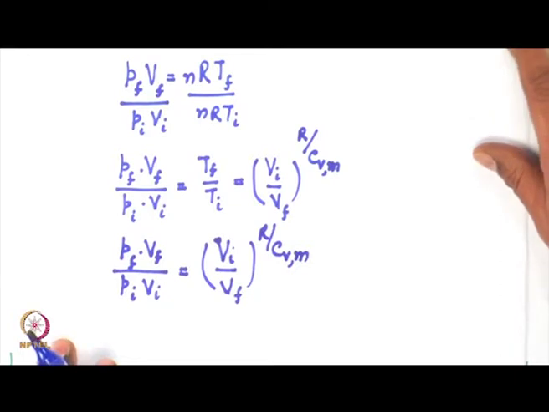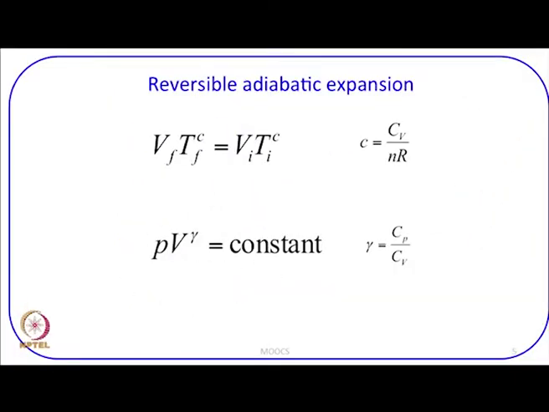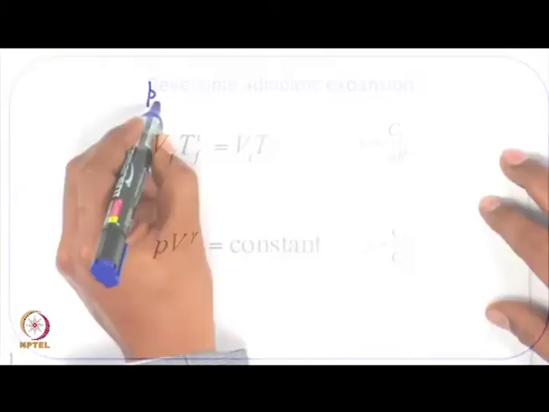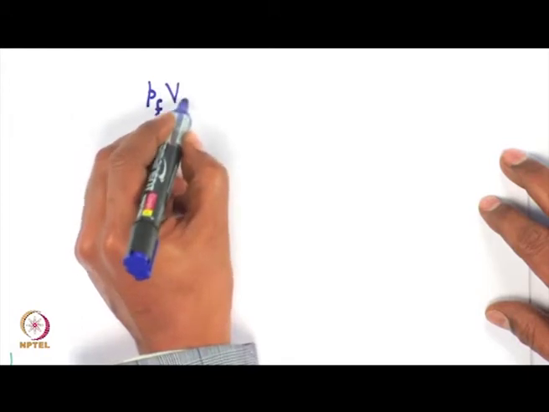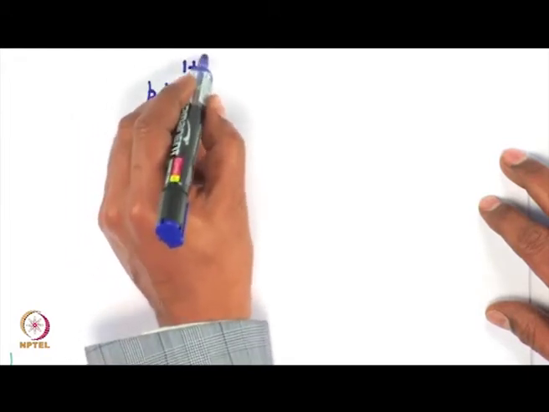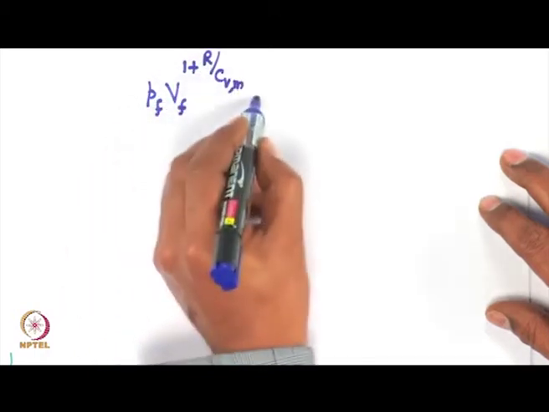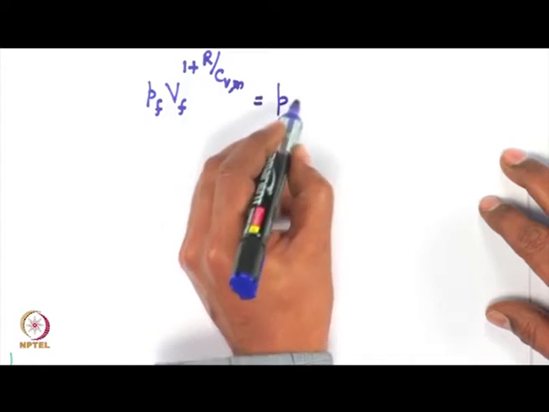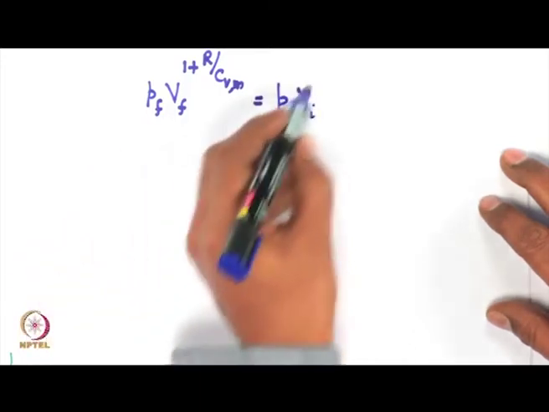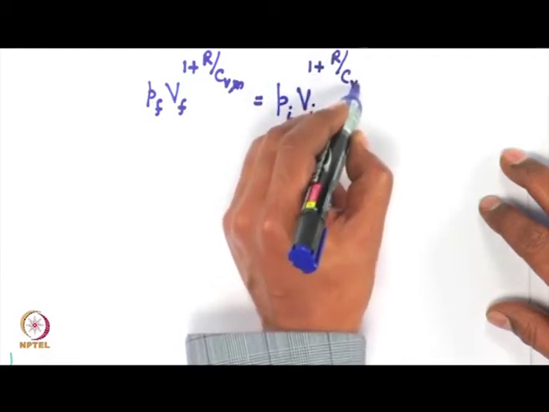From here, I get Pf Vf raised to the power 1 plus R by CVm is equal to Pi Vi raised to the power 1 plus R by CVm.